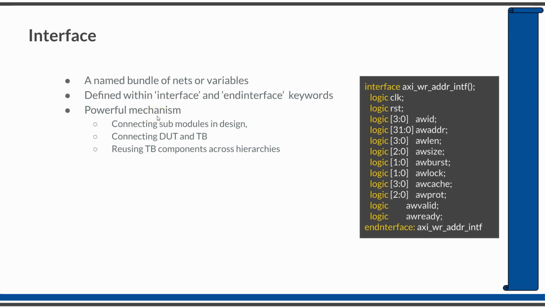Interface is a powerful mechanism which can be used widely in scenarios where you want to connect submodules in the design or in the RTL code, or when you want to connect your design code and TB code together, or also if you want to reuse the TB components across different hierarchies like different submodules, clusters and top level unit.